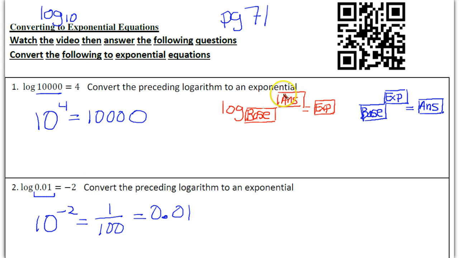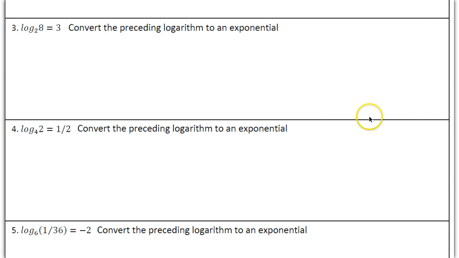So again, if you keep this little hint helper in mind, converting from logarithmic form to exponential form, and then later, I'm sure they're going to ask you to do exponential form converted to logarithmic form. Keeping our helper in mind now.